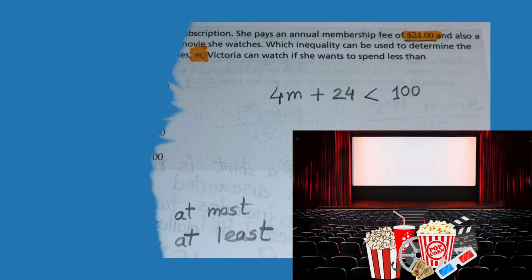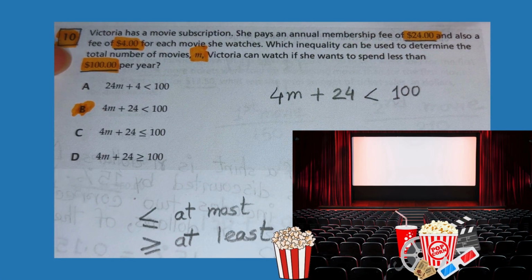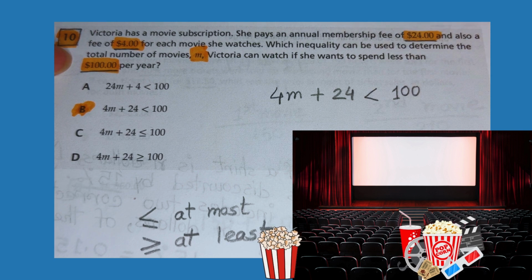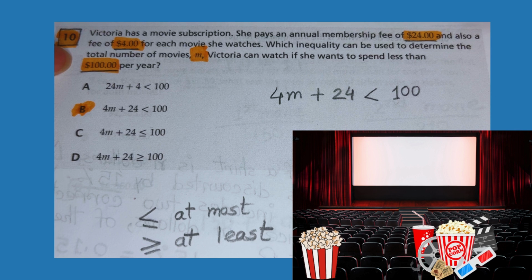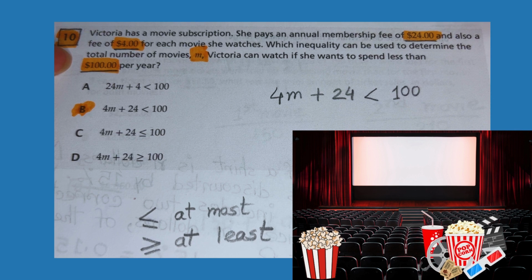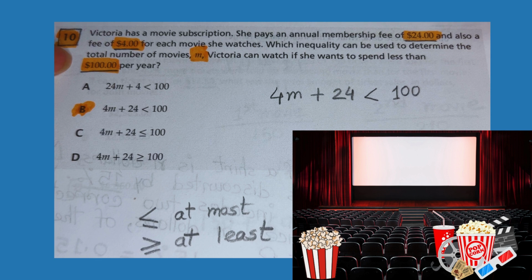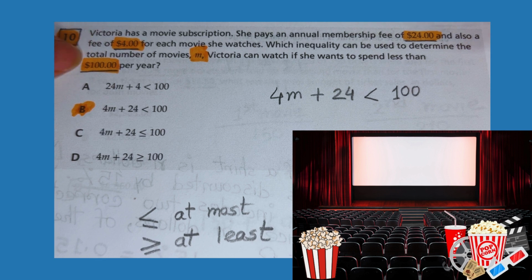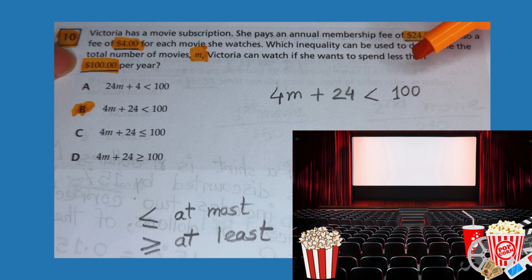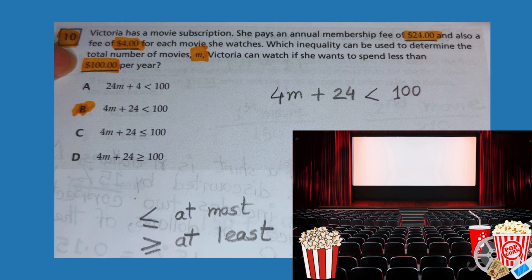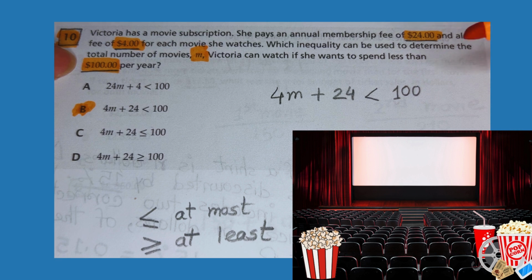Question number 10. Victoria has a movie subscription and she pays an annual membership fee that is $24 and a fee of $4 for each movie she watches. Which inequality can be used to determine the total number of movies, that is M, Victoria can watch if she wants to spend less than $100 per year?